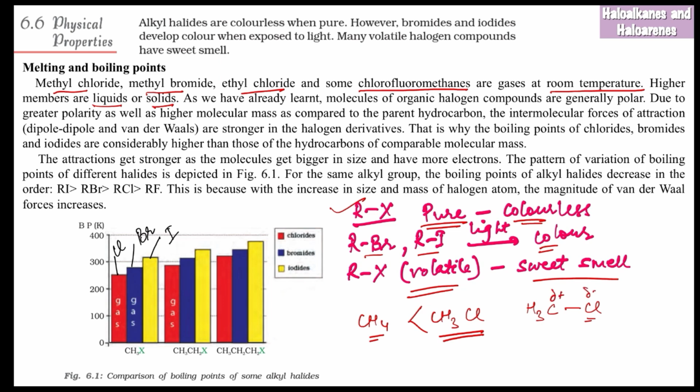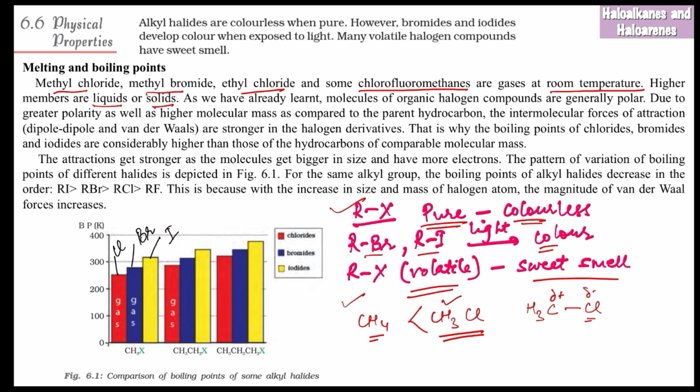So the bond is polar, because of which there is dipole-dipole interaction. So in comparison to the alkane, for an alkyl halide containing the same number of carbon atoms, the intermolecular forces of attraction are stronger in halogen derivatives.